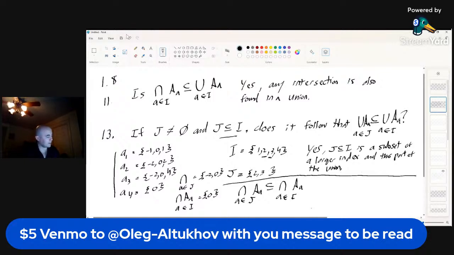So in that case, even though it's a smaller index and it's a subset of I, the intersection actually happens to be bigger because the way I structured it, by throwing in A4 and making that only contain the number 0, that restricted the intersection to 0 versus in A containing the index I versus A containing the index J, even though it's a smaller index, it has a larger intersection. Yes.